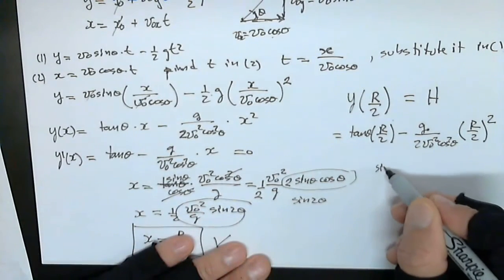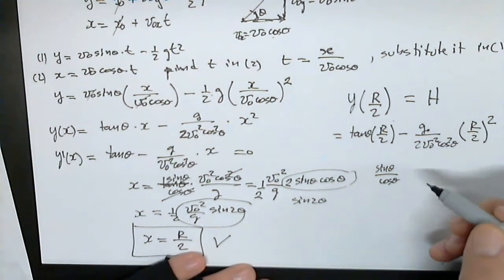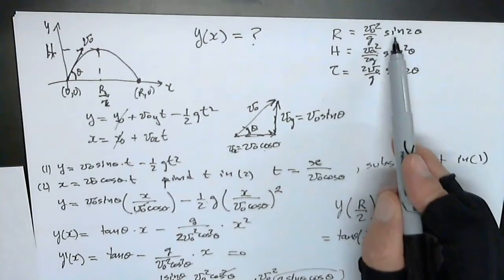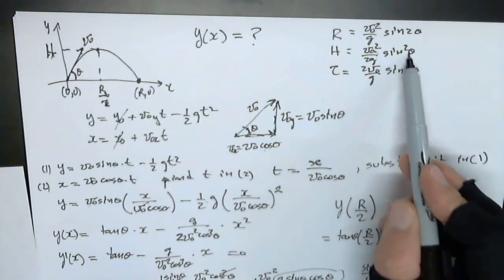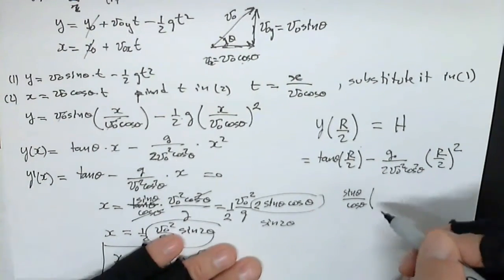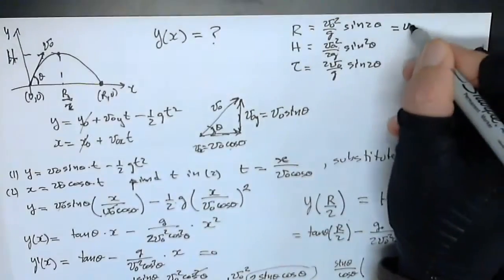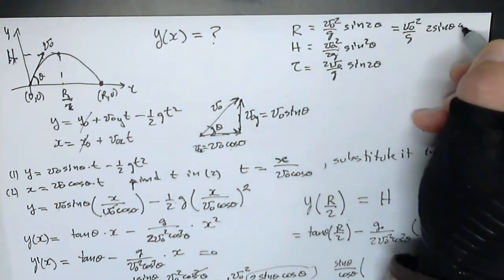is sine over cosine, and r, and now I'm not going to put sine of twice the angle because I know I'm supposed to get just sine of the angle, so I'm going to start putting r as v naught squared over g times 2 sine cosine.